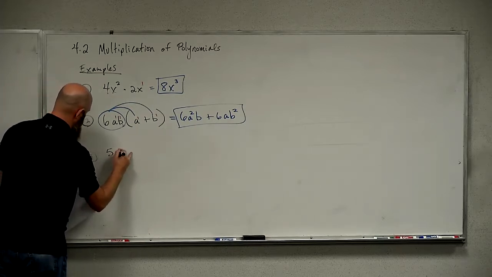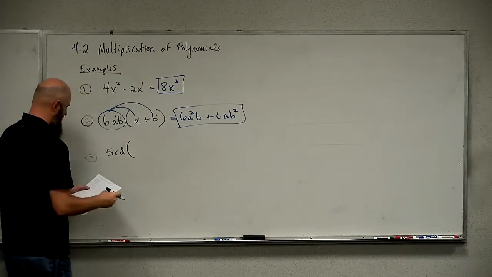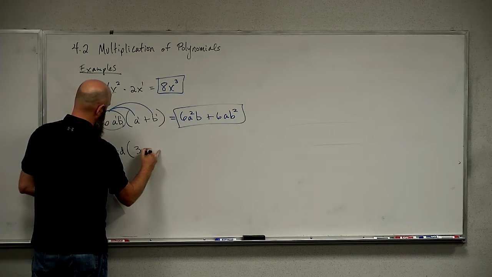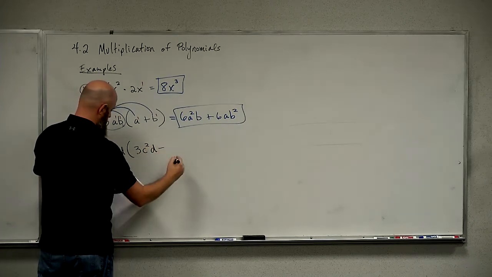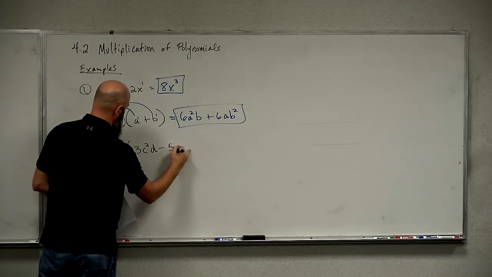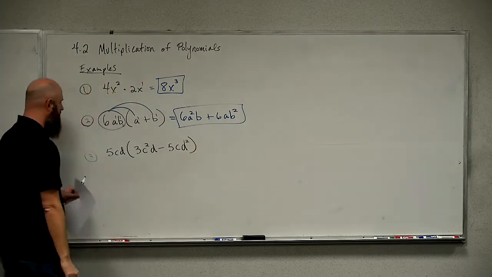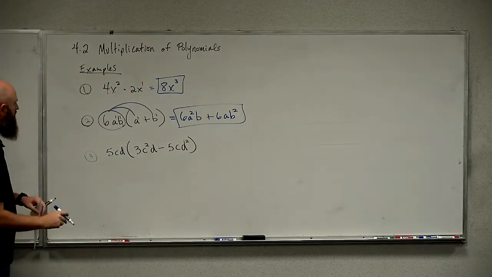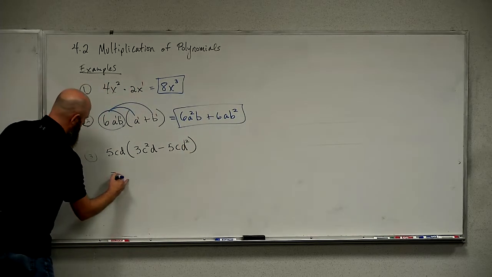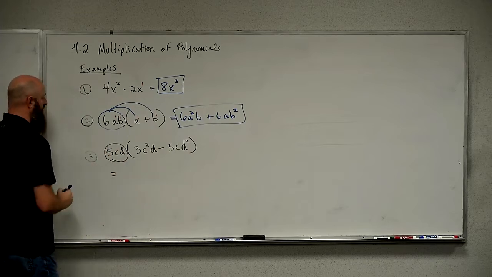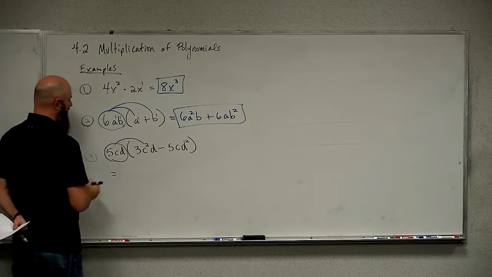Let's look at another one here. 5cd times 3c squared d minus 5cd squared. I'm going to write this one underneath it. Again, we're going to take this 5cd and distribute it in one at a time.